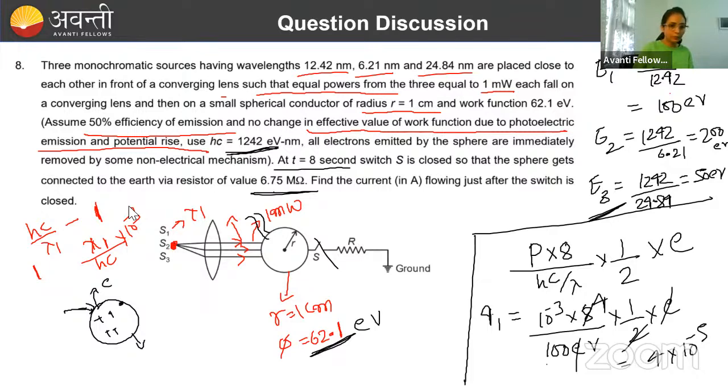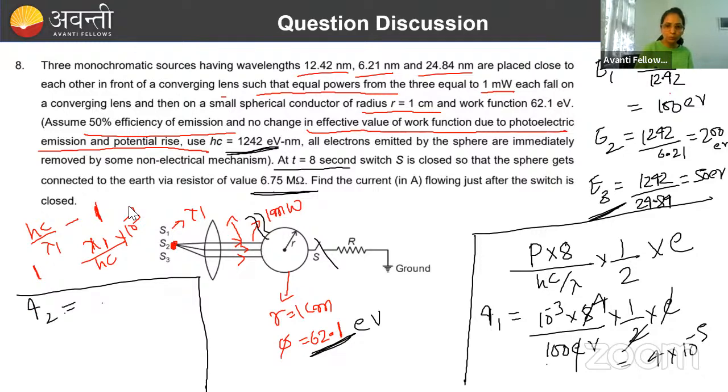अब देखो मैं यहाँ पे इसको हटाती हूँ and I will be calculating Q2. Q2 कितना होगा हमारा? Q2 will be equal to P into 8, again 10 to the power minus 3 into 8. E2 एनर्जी कितनी है? 200 into हाफ करेंगे into इलेक्ट्रॉन. यहाँ पे इलेक्ट्रॉन था, वोल्ट था. वोल्ट इज a SI unit.